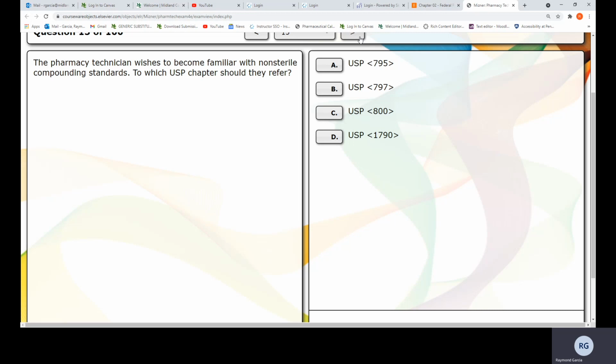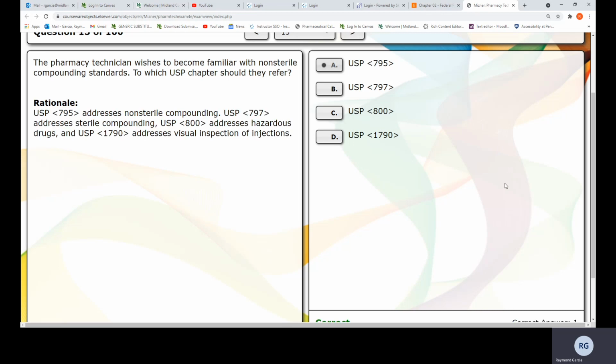I don't think there is a 1790. So process of elimination would allow me to think it's 795. Because 797 refers to sterile compounding under the hood. 800 refers to sterile compounding when you're doing chemo. So 795 addresses non-sterile compounding. 797 addresses sterile compounding. 800 addresses hazardous drugs. 1790 addresses visual inspection of injections. I didn't know that.